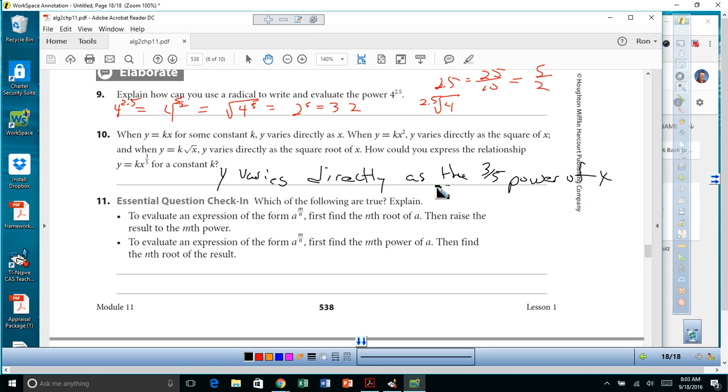Essential question check-in. To evaluate an expression of the form a to the m/n power, first find the nth root of a, then raise the result to the mth power. Or, first find the mth power of a, then the nth root of the result. Which of the following are true? Both are true.